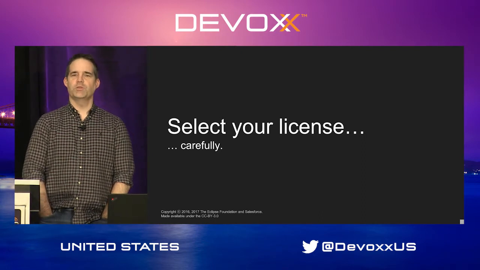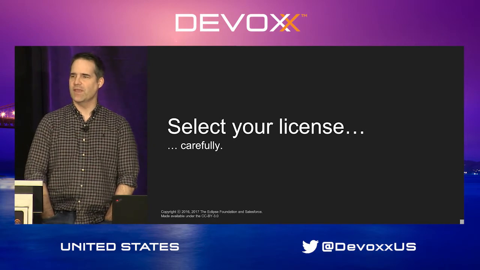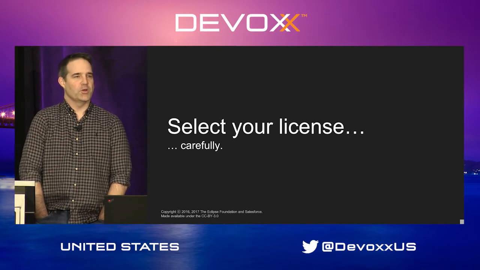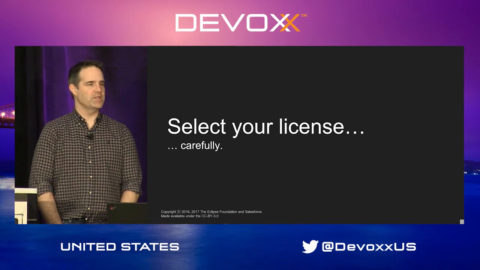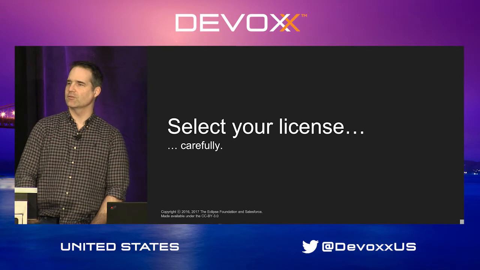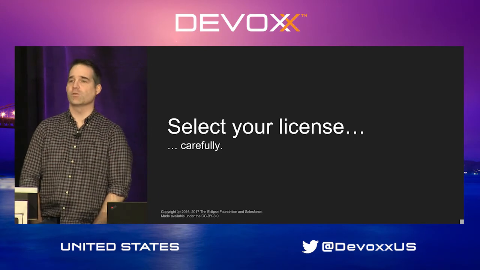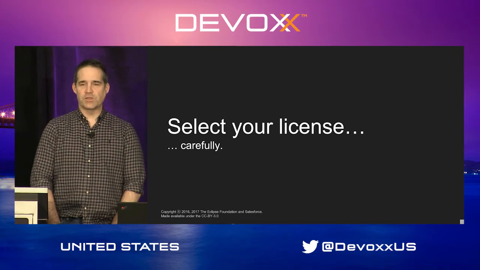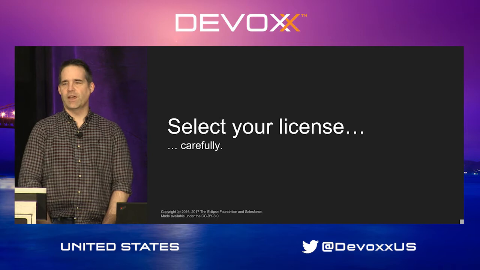Do you want your code to be used in such a way that if anybody uses your code, they must make their code available publicly as well? Is your code meant to be used in commercial products? Proprietary products? Is your code meant to be used only by other open source projects? So there are lots of different considerations for license selection.